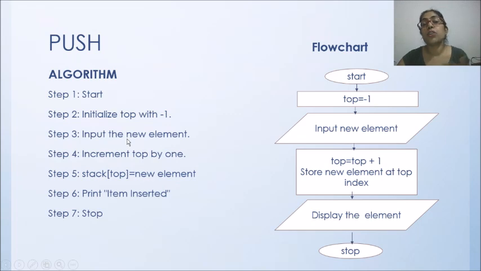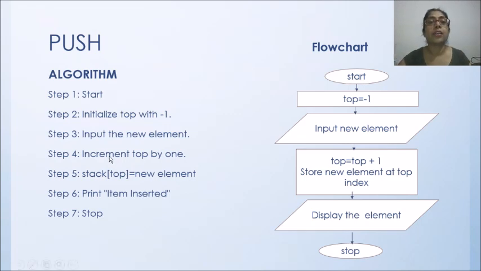And because we want to push a new element, we have to take that new element as an input from the user, and we'll increment our top pointer by 1, because now we want to insert a new element. So my top must move forward and that new element must be stored at that location.